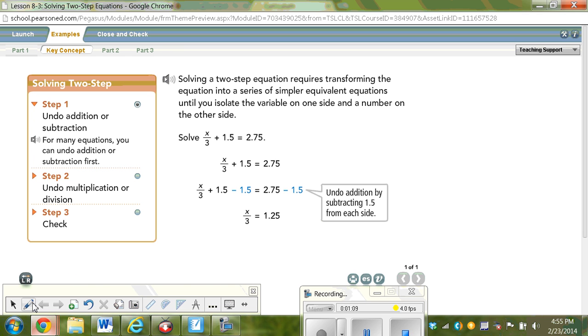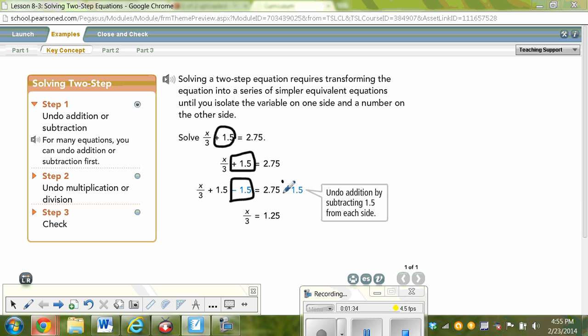If I look at this equation, what is being added or subtracted on the side with the variable that I can undo? You identify it. Once you've identified it, you ask, what is the opposite of this? Well, this is adding 1.5, so the opposite is subtracting 1.5.